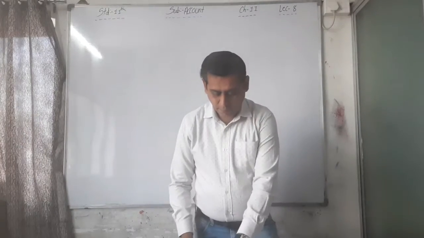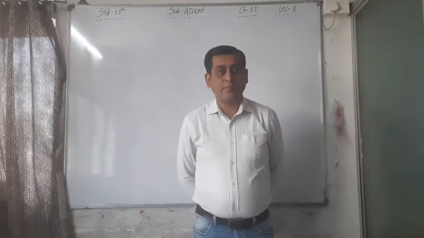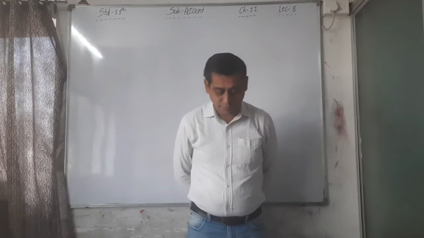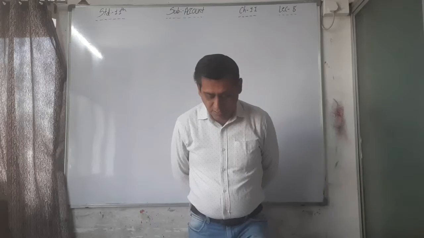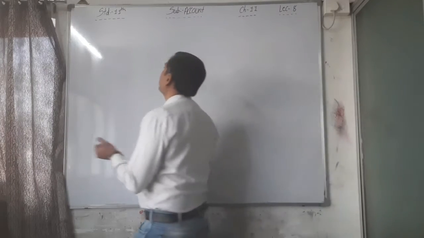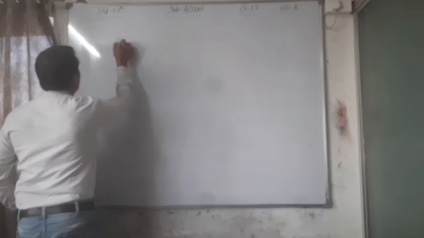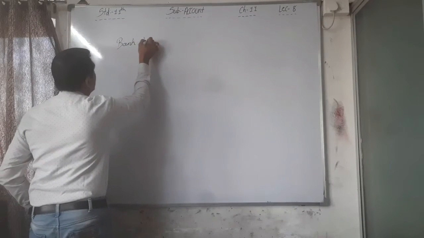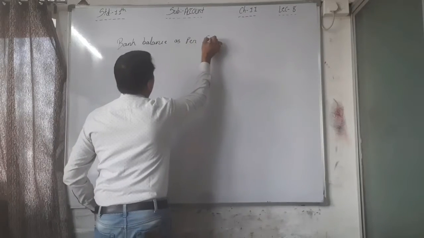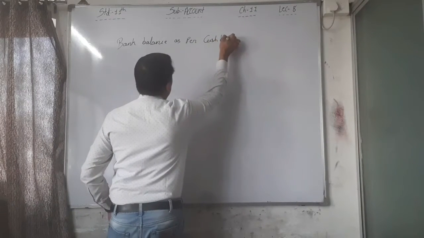First of all, see the exercise question number 7. I am reading that first. Cash book of Aditya shows a bank balance of 9,000 as per cash book.